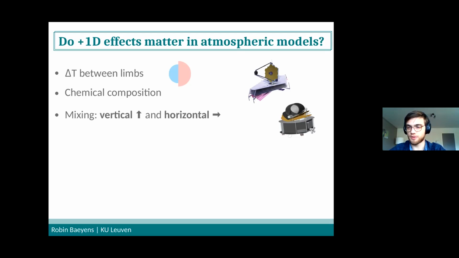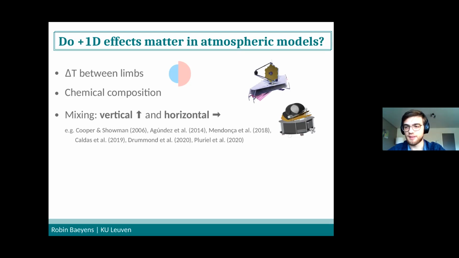And I'm, of course, not the only person thinking about these multidimensional effects. There have been many studies already done on this front, and I list a few of them here. But usually they focus on a few different case studies, because these models tend to be a little bit more computationally intensive than simpler 1D models.